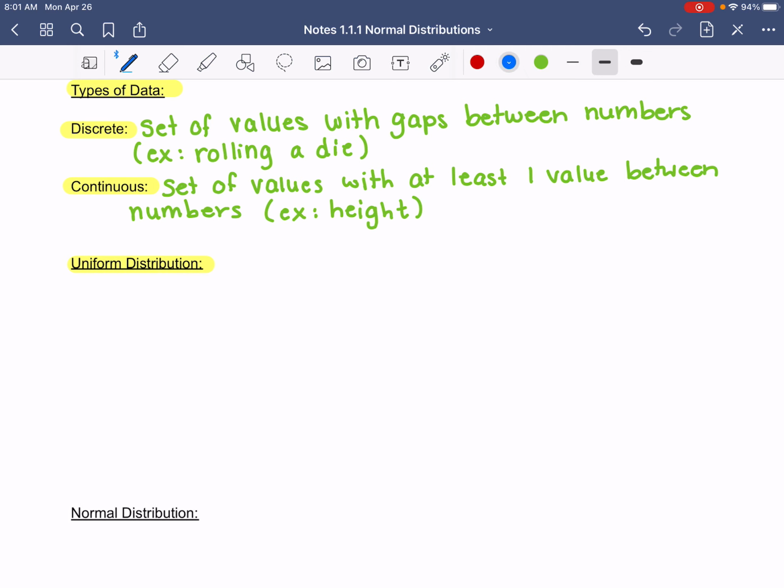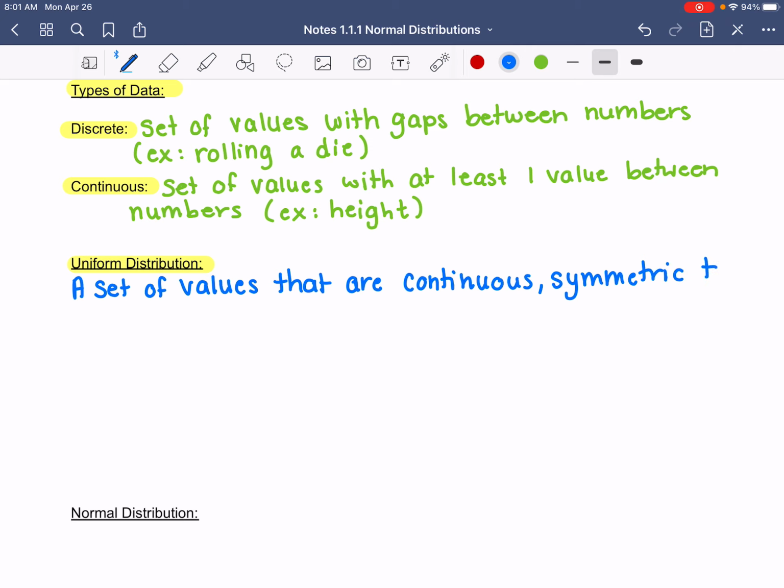The uniform distribution is just a set of values that are continuous, symmetric to a mean, and have equal frequencies.